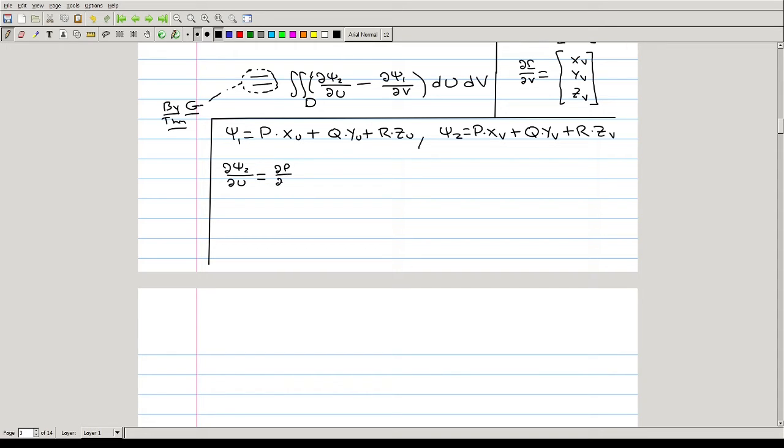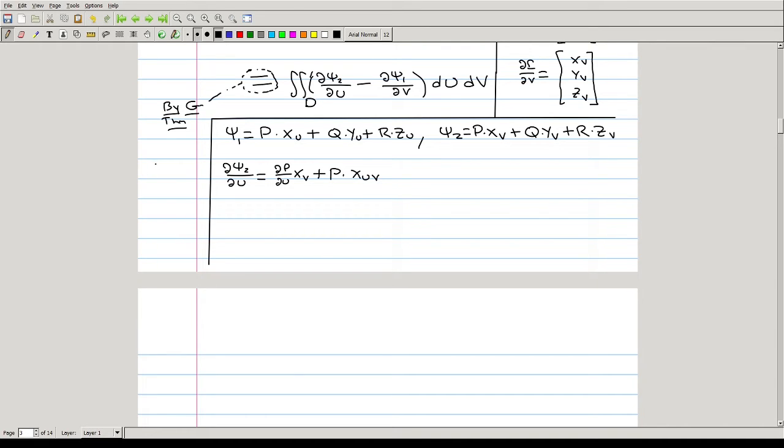dp/du x_v plus p times x_uv, which stands for the second derivative.